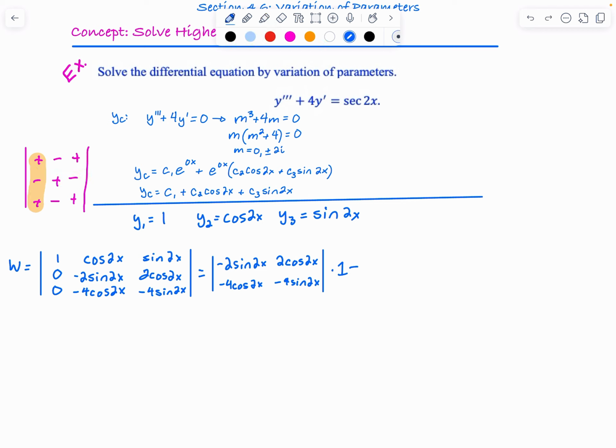All right, so I get that minus, and then I'm going to write down what's left if I mark those out. Okay, I get cosine 2x, sine 2x, and then on the bottom, I get negative 4 cosine 2x and negative 4 sine 2x. But it doesn't even matter what's on the inside here because the intersection is a 0, right? Do you see that if I move my row one last time, I'm going to have a plus, and then I'm going to have something that's left here, right?